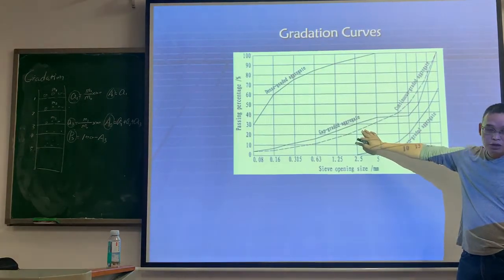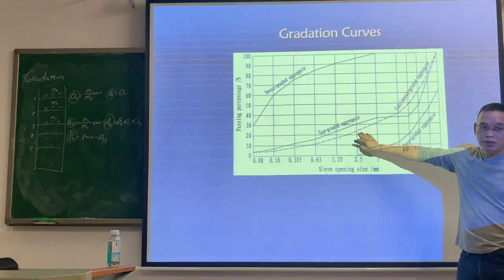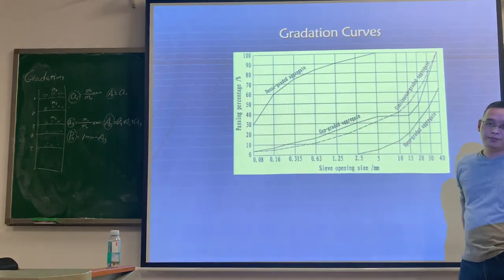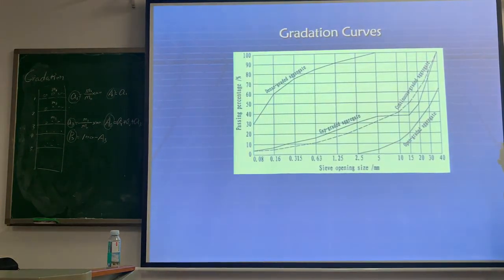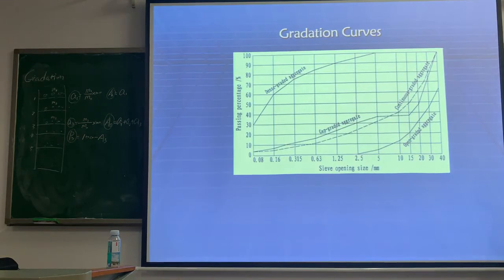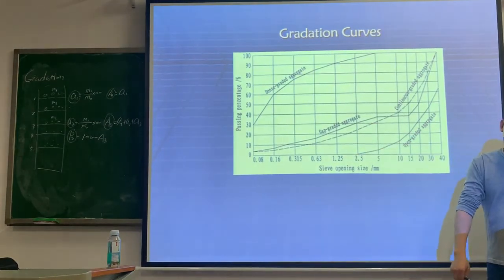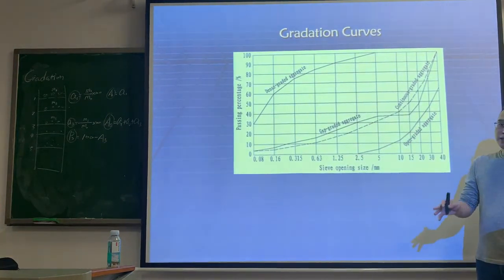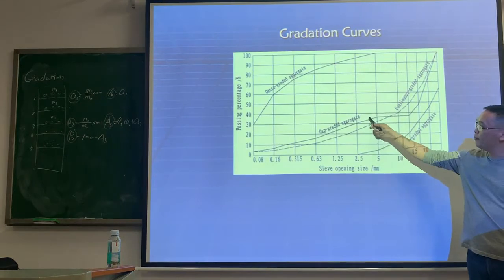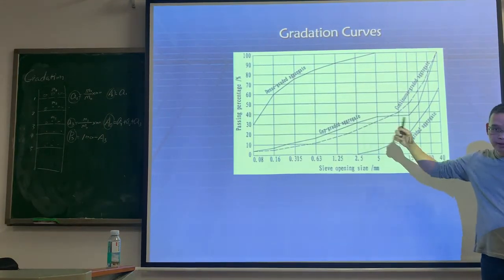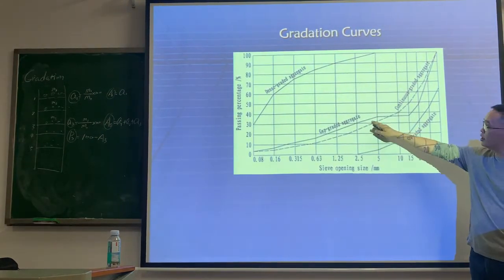So I want to ask you a question. What is the difference between these two curves? Maybe we can see this is the dotted line, this is the solid line, but except this one, what is the difference?